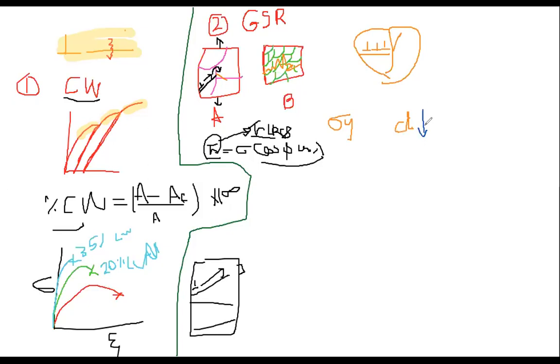Think for a while, just to give more time to others to think also. So let me repeat the question again. If you decrease the size of the grain, so you have more grains, you have now more grains, right? Do you think the sigma y will increase or decrease? Think about it, okay?